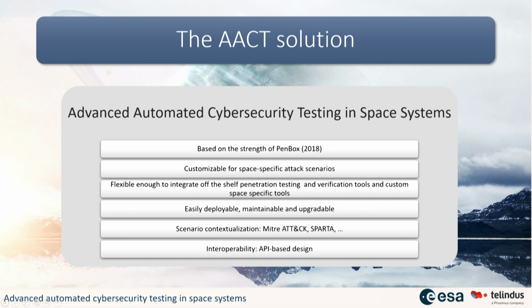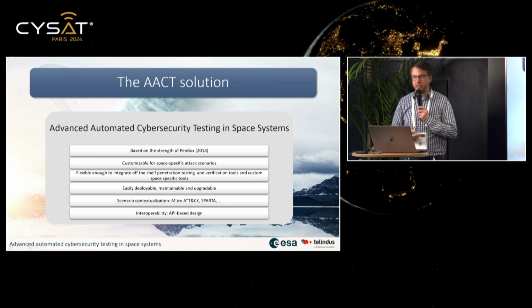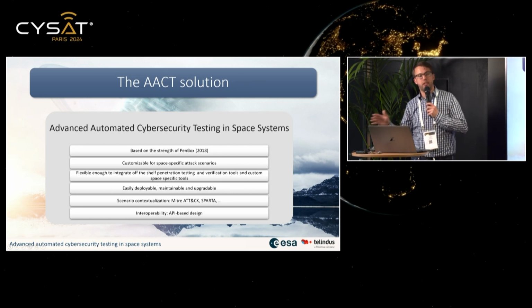In Penbox, the scenarios were basically code, and now they are click scenarios that any engineer or security engineer can use. You will see that in a video or demo, but it's a video because it's much simpler to handle. We want to also be still flexible enough to use existing hacking tools that exist, so we don't want to reinvent the wheel, of course. And still also add custom tools.